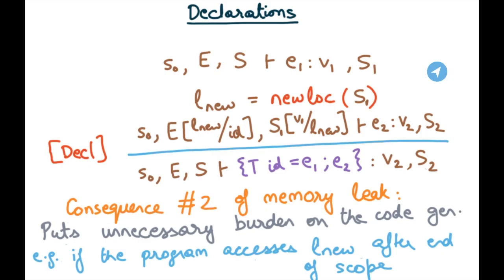So as you can see, subtle mistakes in the execution semantics have consequences both on the soundness and on the completeness of what these rules represent, in terms of whether correct programs are being accepted and incorrect programs are getting rejected or not. Both of those can get violated, and it also puts an unnecessary burden on the code generator because of this oversight.